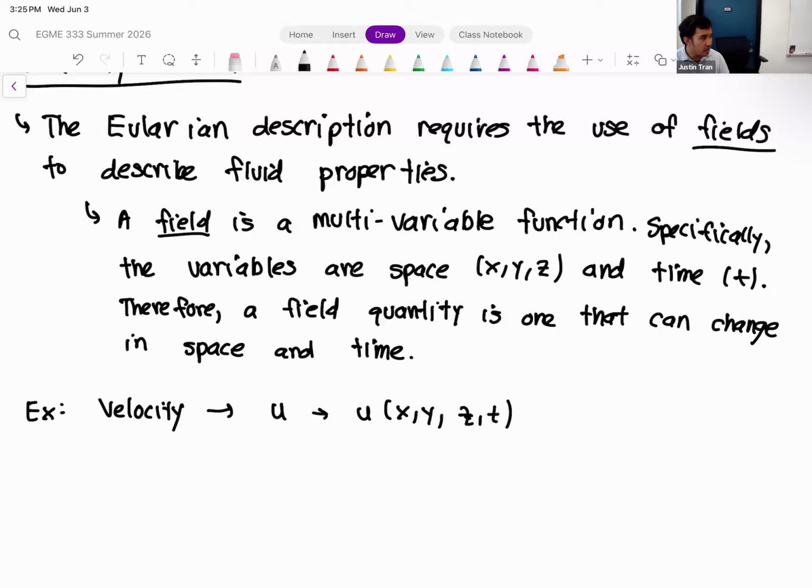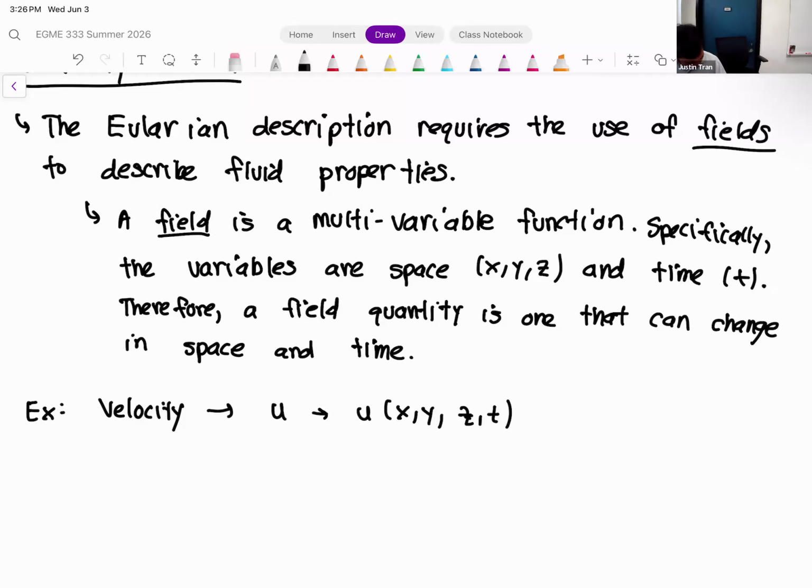Technically, at any given location in the most general sense, our velocity depends on four different variables, x, y, z, and time, which is not trivial. A four-dimensional function is very complicated to analyze. So there will be very few, if any, situations in this class where we actually look at all four variables. Usually we're only considering one or maybe two variables at a time. But in the most general sense, velocity can change with all four of those variables.